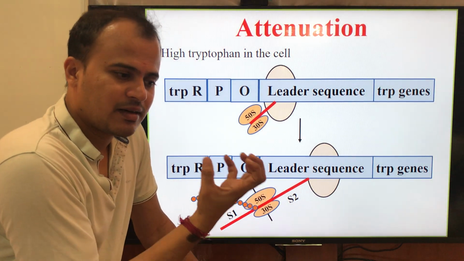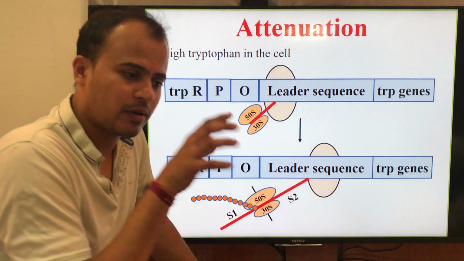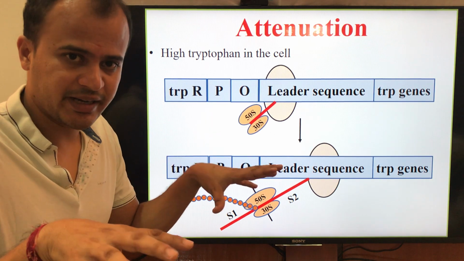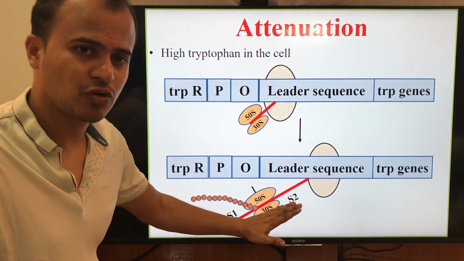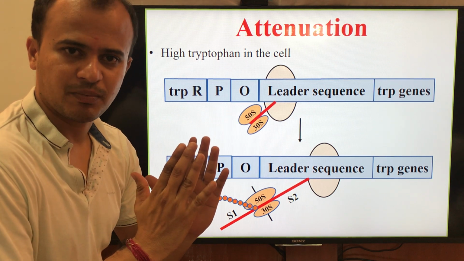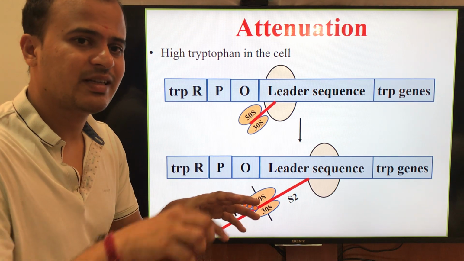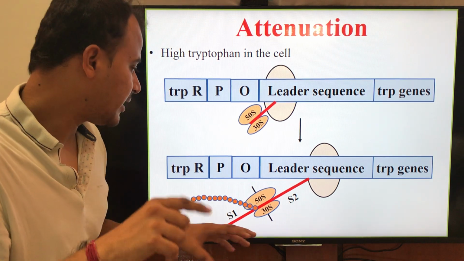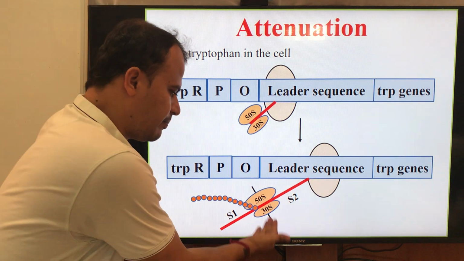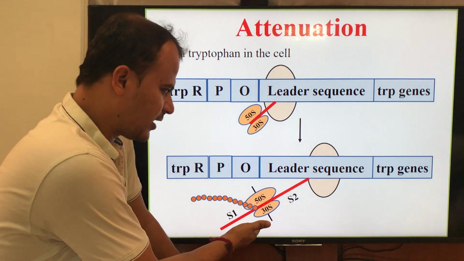Ribosomes have occupied some portion of S1 and S2. Therefore, S1 and S2 cannot form the self-complementation. Ribosomes are stopping the formation of the self-complementary base pairs, and the ribosomes have stopped in the middle because of the UAG, that is the stop codon.